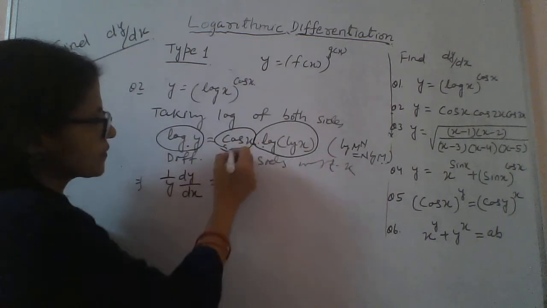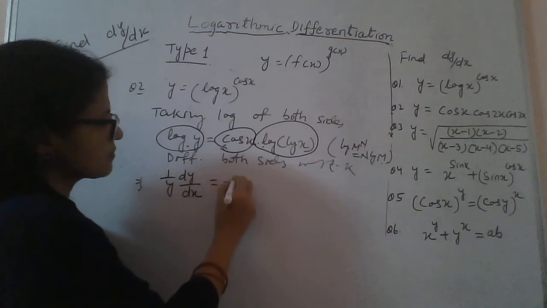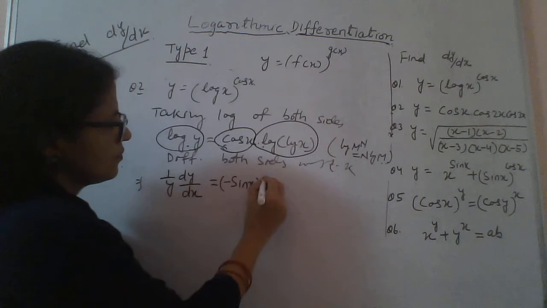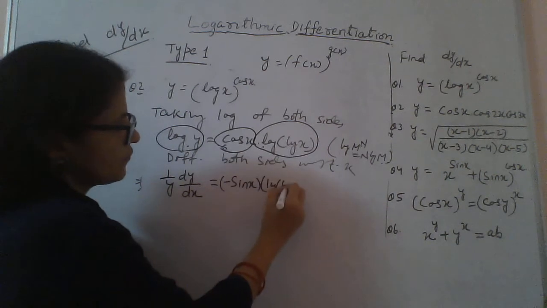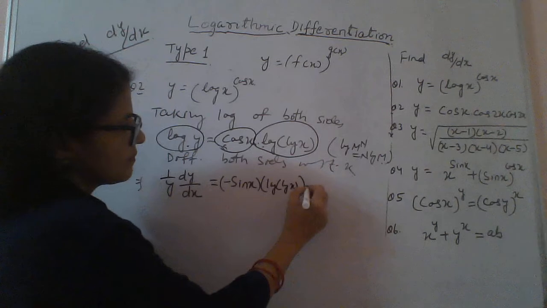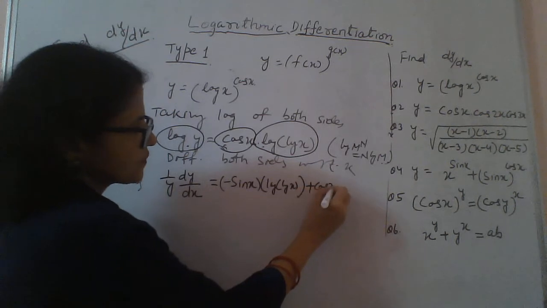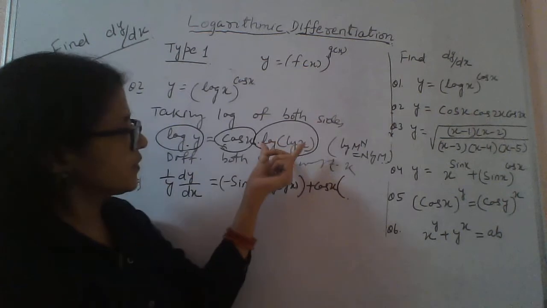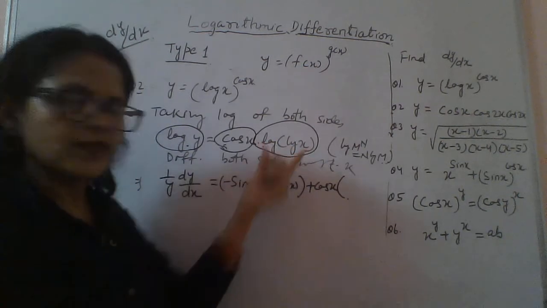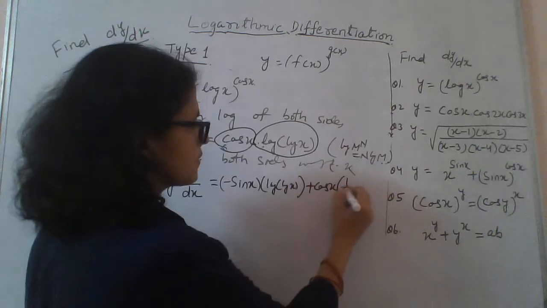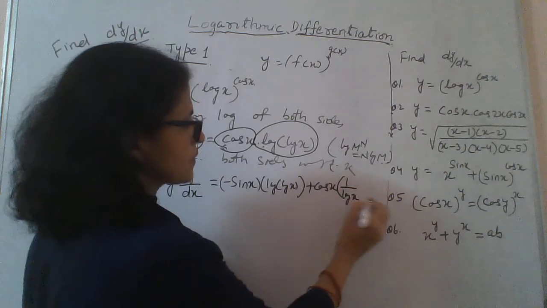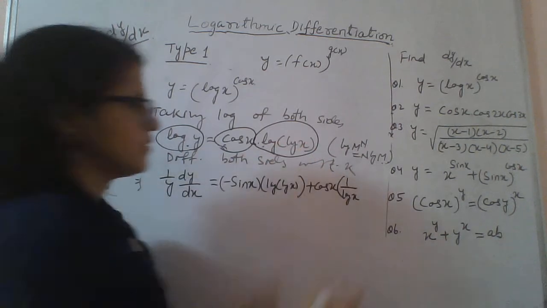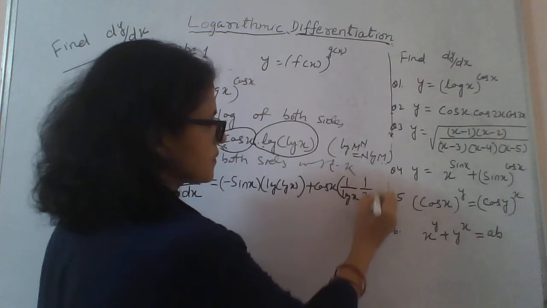The derivative of cos x is minus sin x, into log of log x, plus cos x into the derivative of log of log x. You can differentiate log of log x with respect to log x, which is 1 by log x, into log x with respect to x, which is 1 by x.